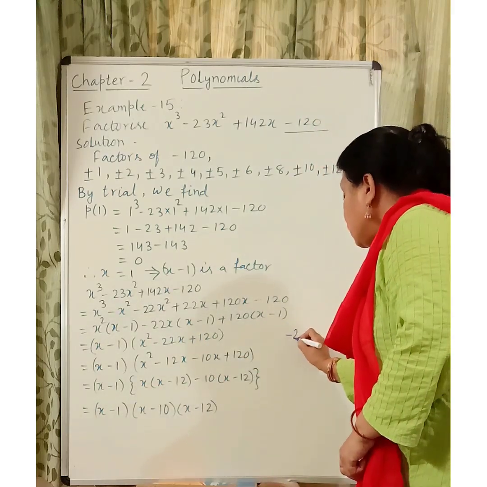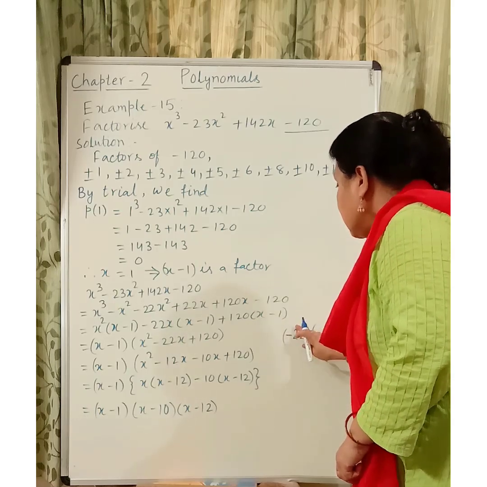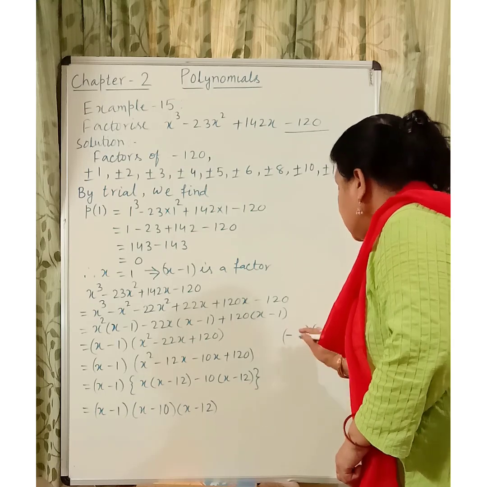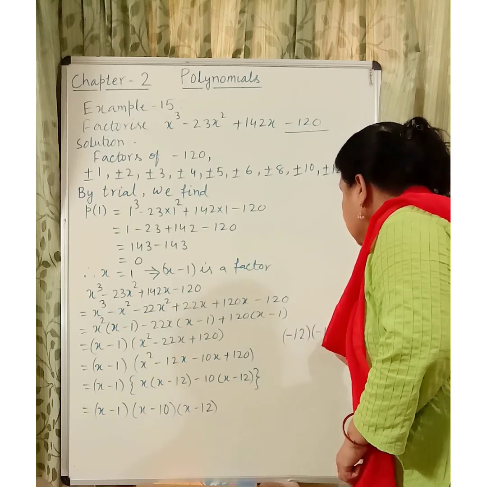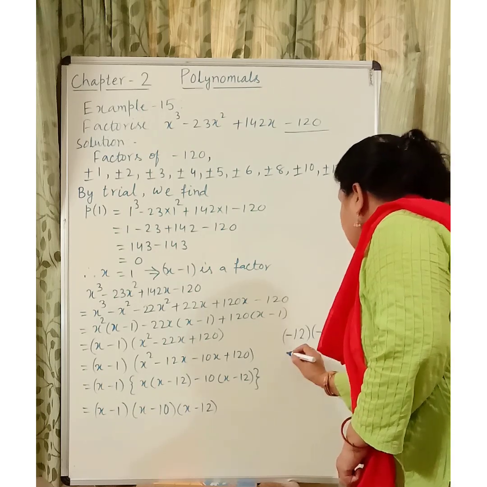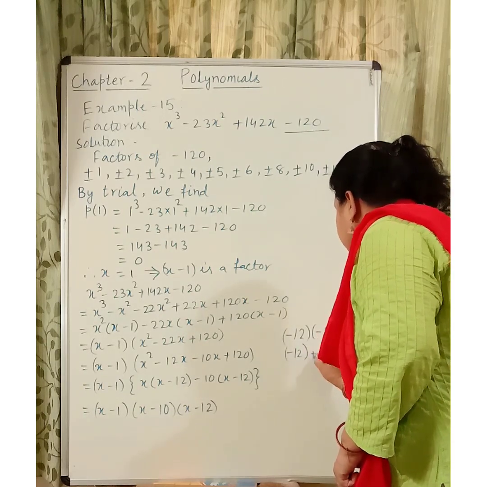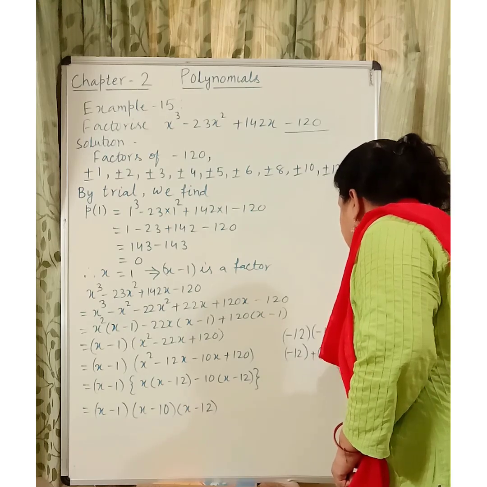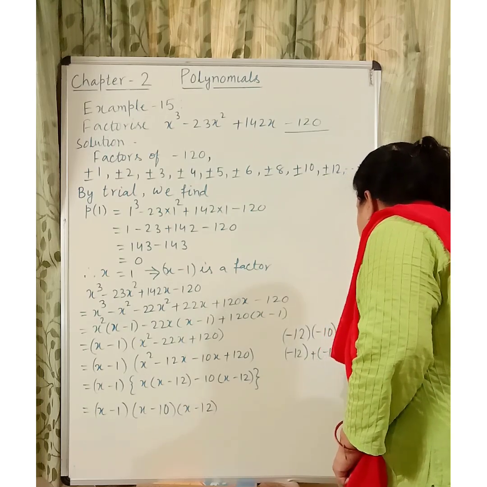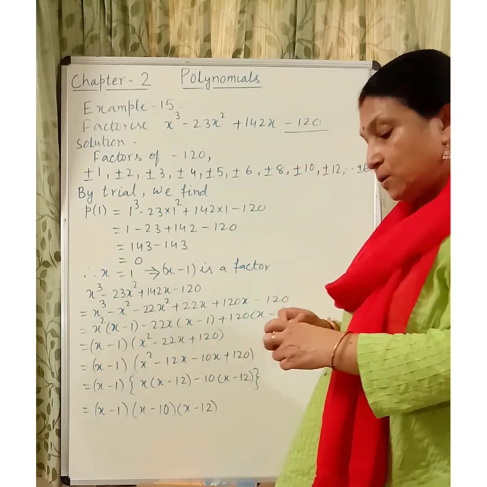Minus 12 multiplied with minus 10 becomes 120, and minus 12 plus minus 10 is minus 22. So we have here minus 22 and plus 120.